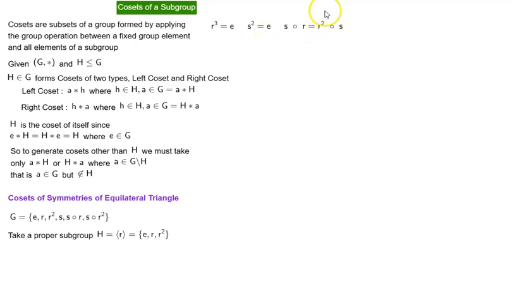S times R is equal to R square times S. R times S is equal to S times R square. Here remember the order. Be careful about this. S times R is R square times S, and R times S is S times R square.